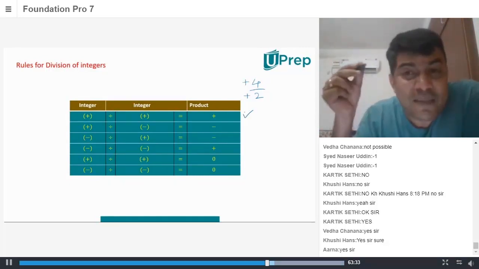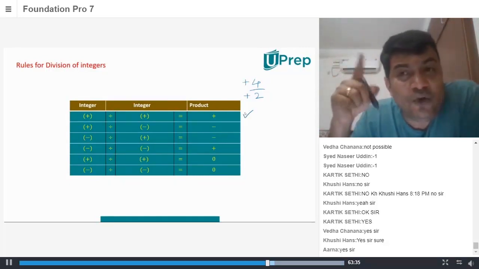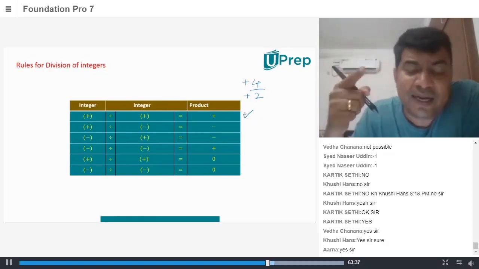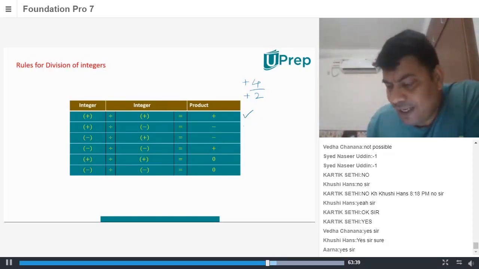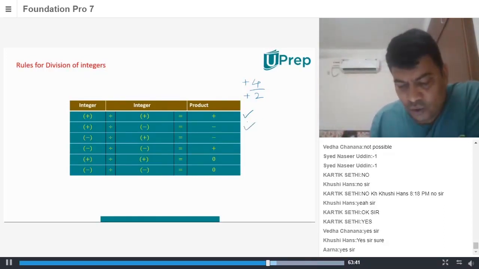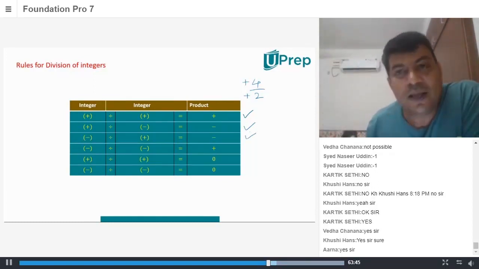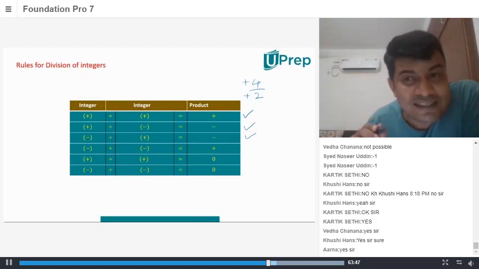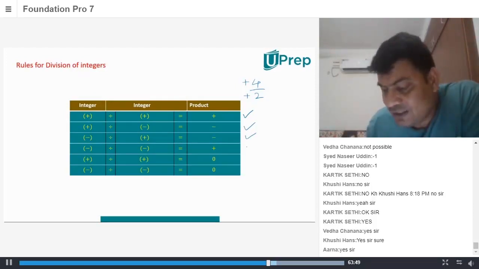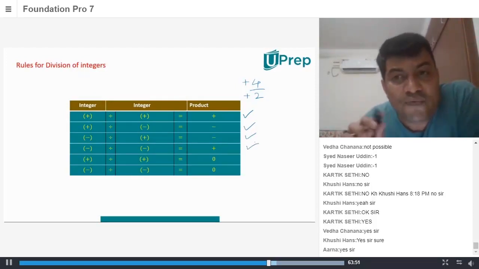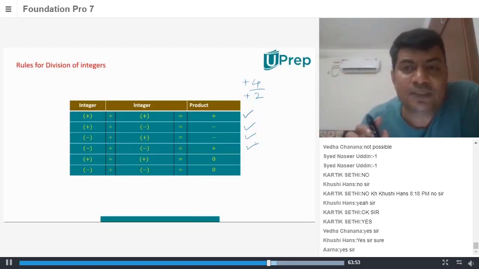Now plus divided by minus: plus into minus is minus, so plus divided by minus also is minus. Minus divided by plus is also minus. Minus divided by minus? Plus. So in terms of sign notation, whether it is multiplication or division, the sign notation remains the same.